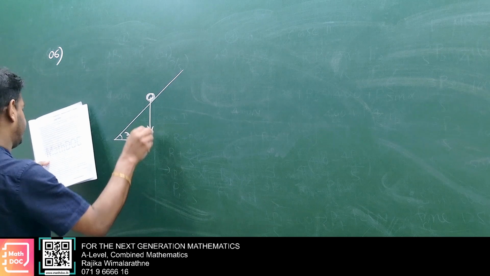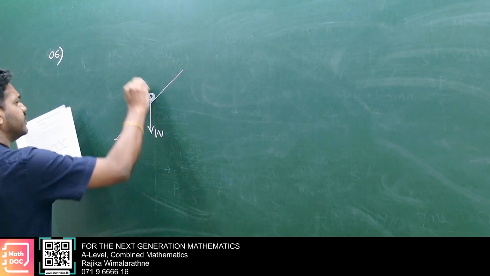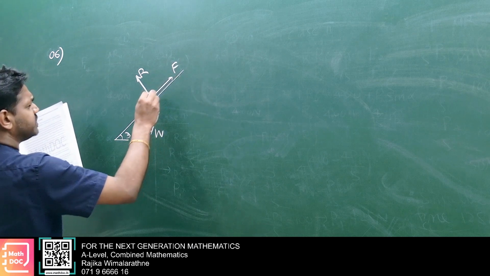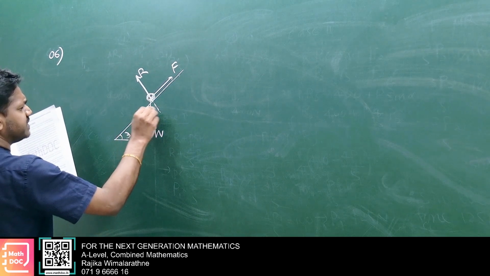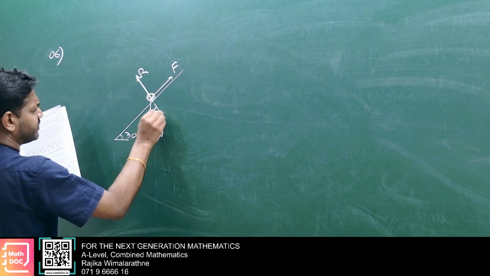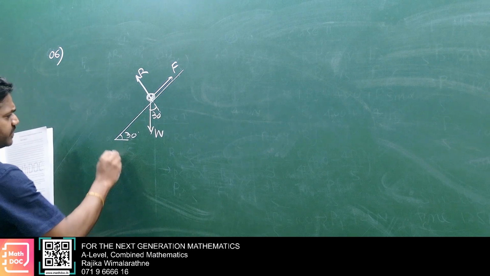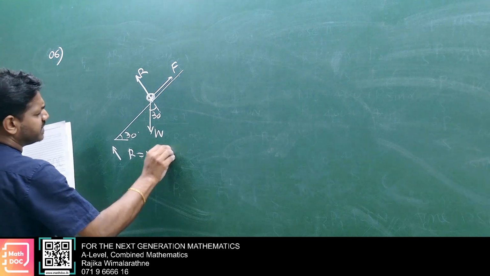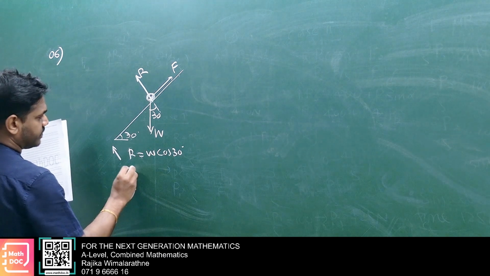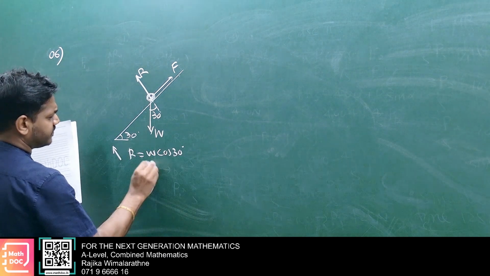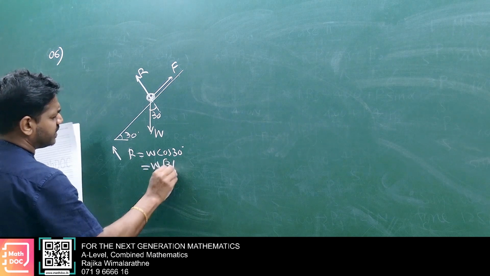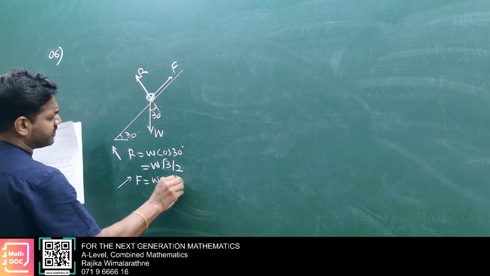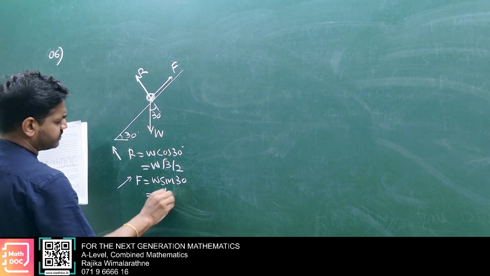Now here, weight W, mark reaction R, then friction opposite to the moving tendency. Here 30, 90 minus 30 is 60, 30. Now it is in limiting equilibrium, no? Resolve perpendicular to the surface: R equals W cos 30, which is root 3 over 2 W. F equals W sin 30, which is W over 2.